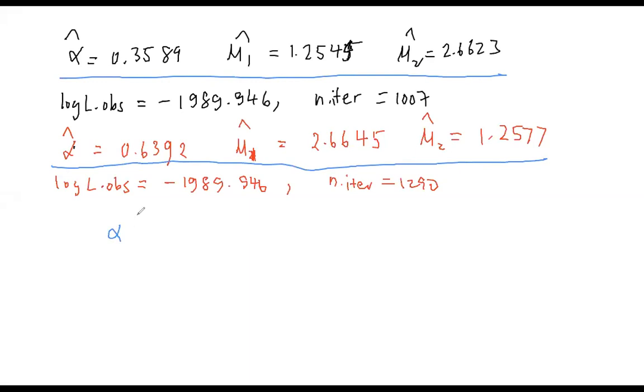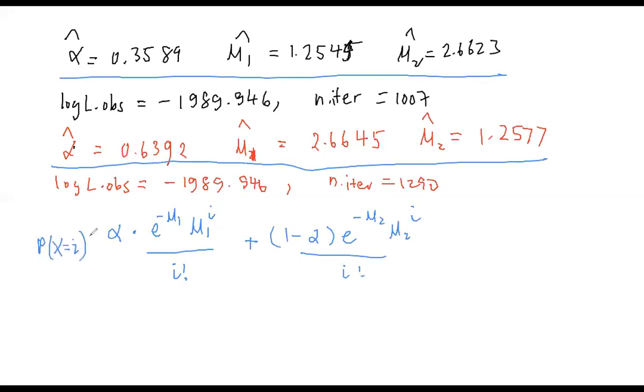The model is this alpha times, I just use I, right? Plus. So this is the mixed Poisson.